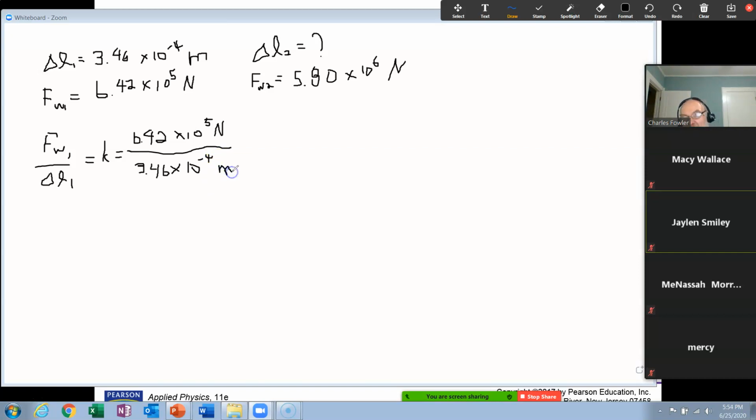Last time we were dealing in centimeters, this time in meters, or two times ago. Okay, so what does that give you for Hooke's law constant?